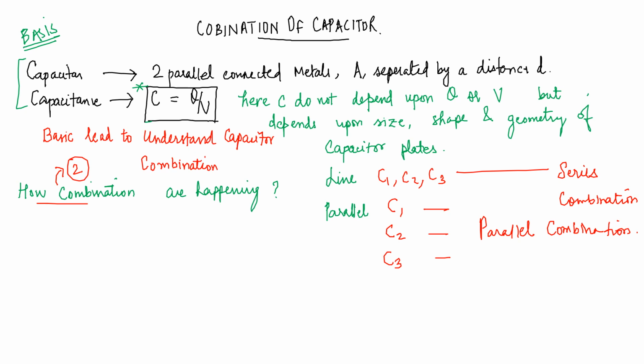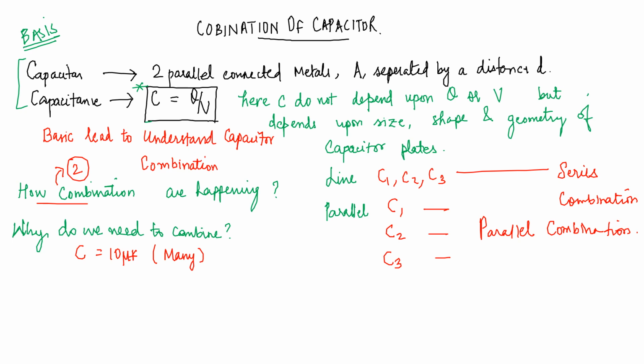Now the second question which arises, why do we need combination? The very simple answer is that you have got capacitors of 10 microfarad capacitance. You have got many capacitors, not just one but many.